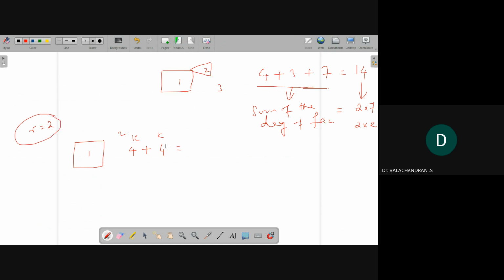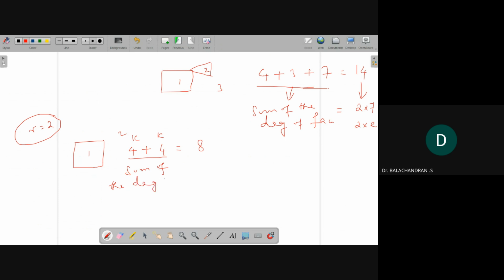So we'll get k times r, that is, 4 times 2, equal to 8. Okay, so this is nothing but the sum of the degrees of the faces.